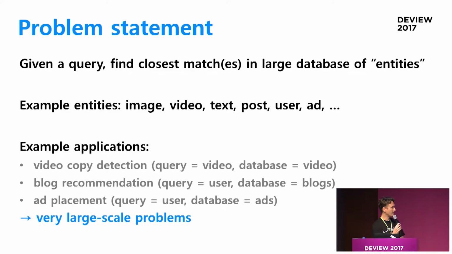Similarly, if your problem is ad placement, then your query is a user, and the database contains the ads. What all these problems have in common is the fact that they are very large scale in nature, and the database might contain billions of items, if not more.